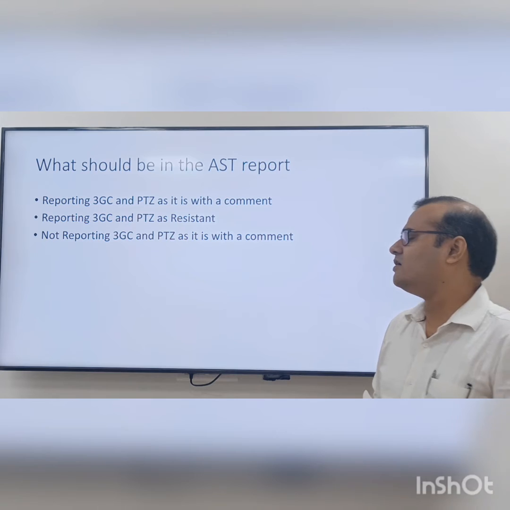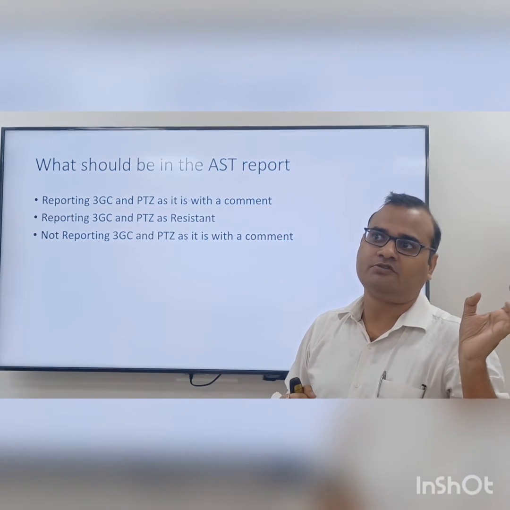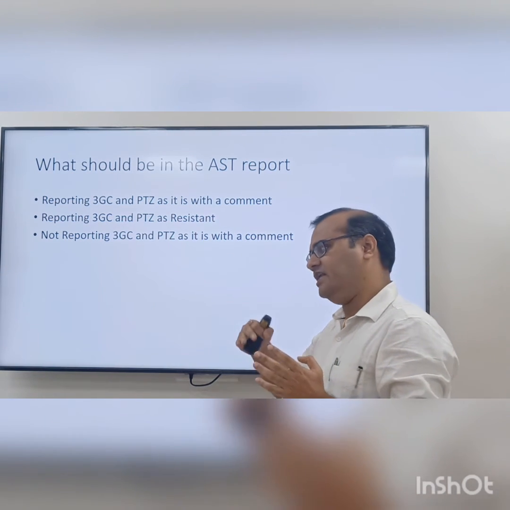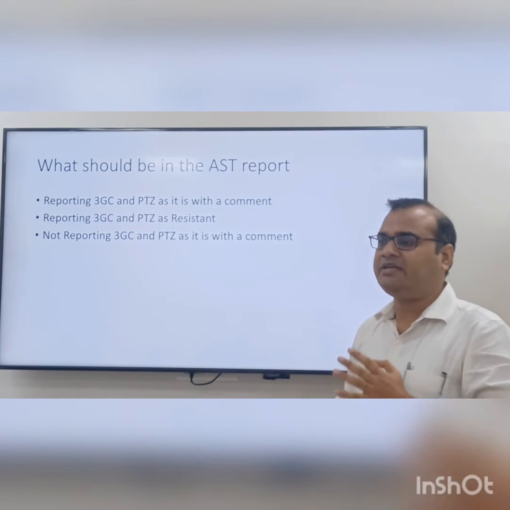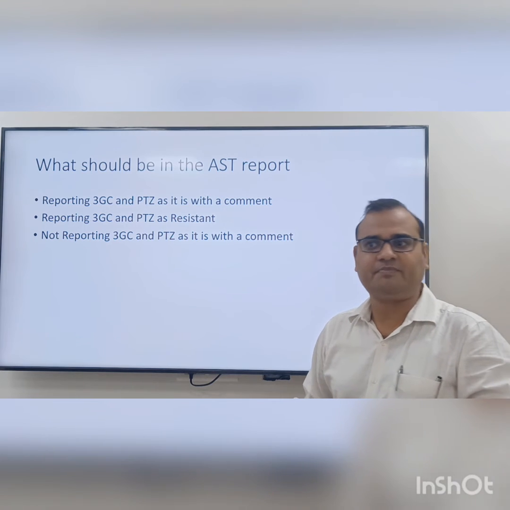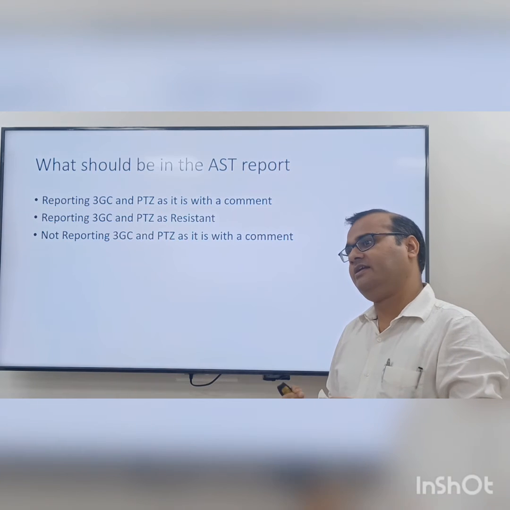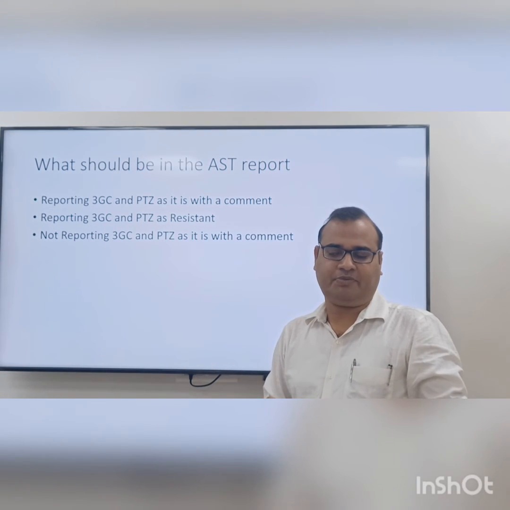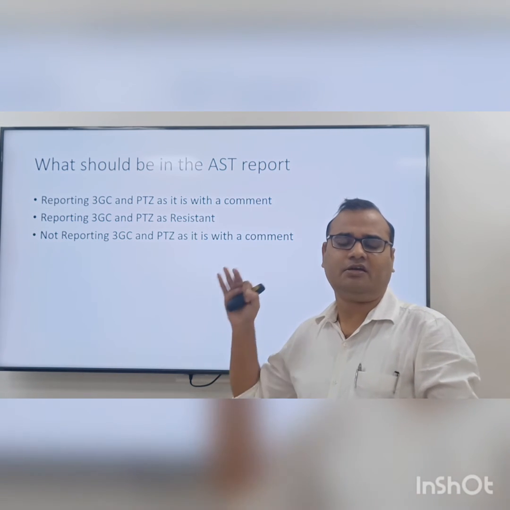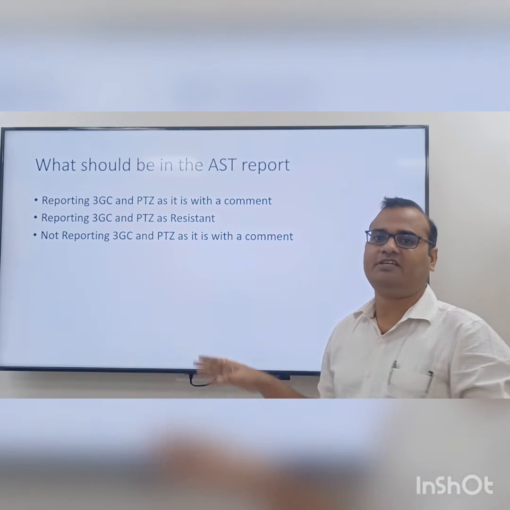Or if the isolates are from a critical sample like blood or body fluids, the laboratory may report third generation cephalosporin and piperacillin tazobactam as resistant. Or, fearing that they may be used, we may totally omit reporting third generation cephalosporin or piperacillin tazobactam. So 3 possibilities are there.